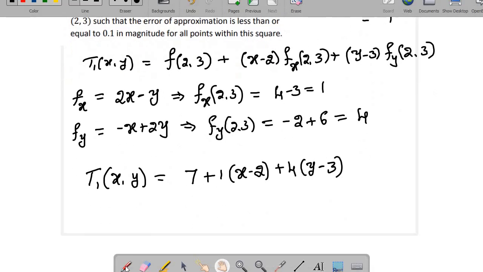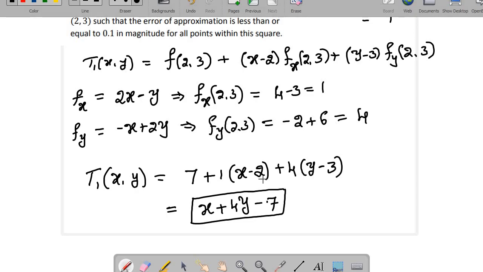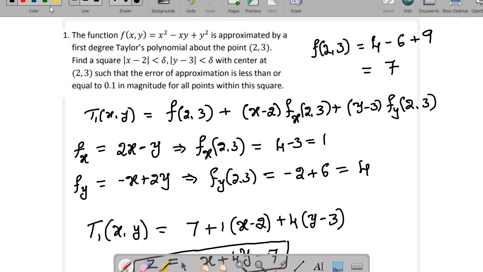If you simplify this, it looks like x plus 4y, and then 7 minus 2 minus 12, so you get negative 7. So this is the first degree approximation of the function. We are done with the first part of the question. Next let us move to the second part.